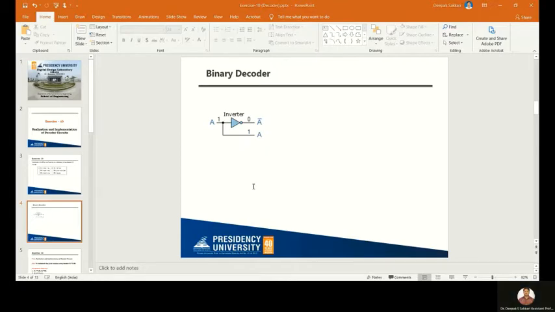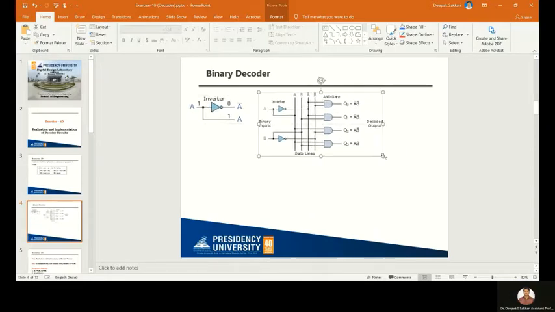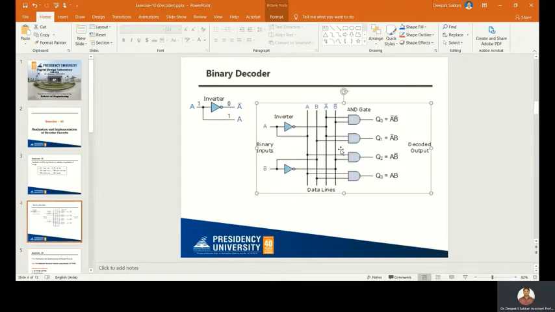Similarly, if I have two inputs, then I can take the output in this fashion. See here, A, B, two inputs.